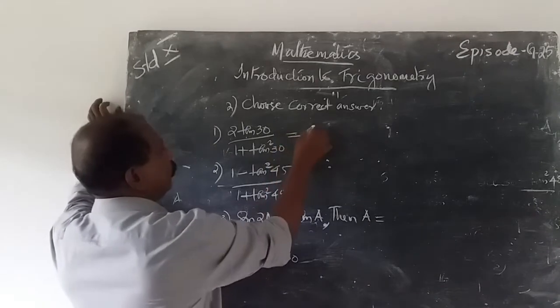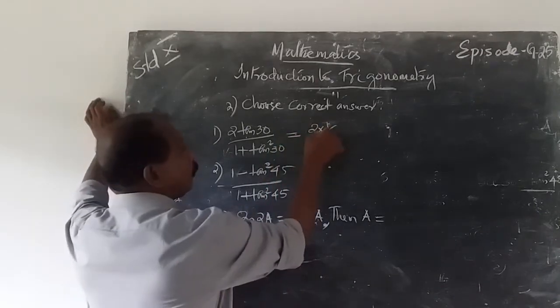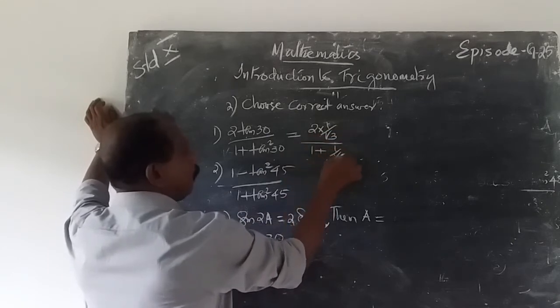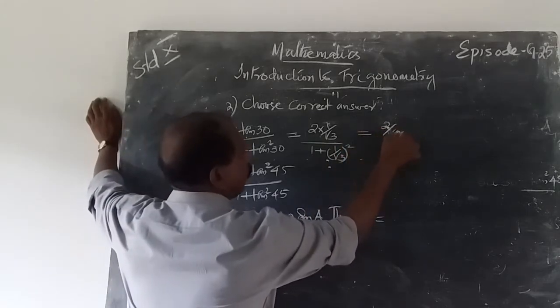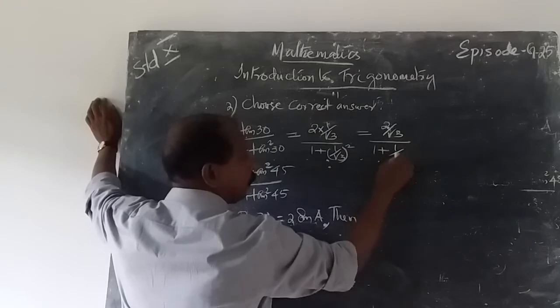That is equal to 2 into, what is tan 30? 1 by root 3, by 1 plus 1 by root 3 the whole square, is equal to 2 by root 3 by 1 plus 1 by root 3 square, which is 1 by 3.